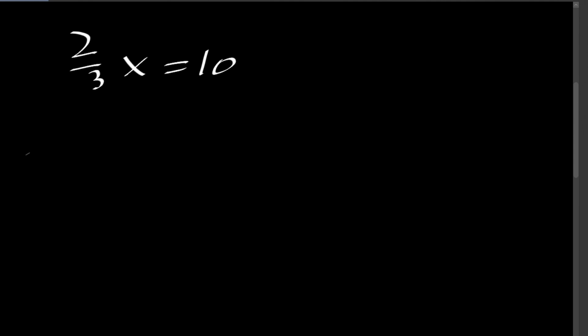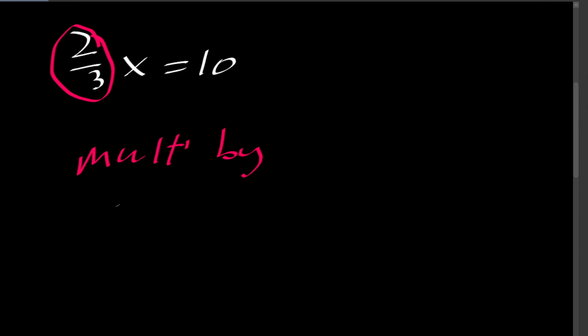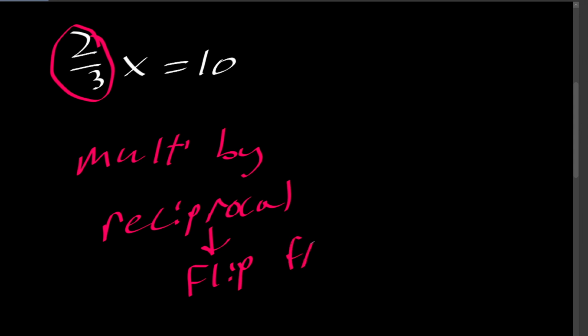If you want to separate a fraction from a variable, you multiply by its reciprocal. And the reciprocal of a fraction, you just flip your fraction. All right, so that will help you tremendously with dealing with fractions when you're trying to solve an equation, because most likely you'll see this pop up quite a bit in your classes.